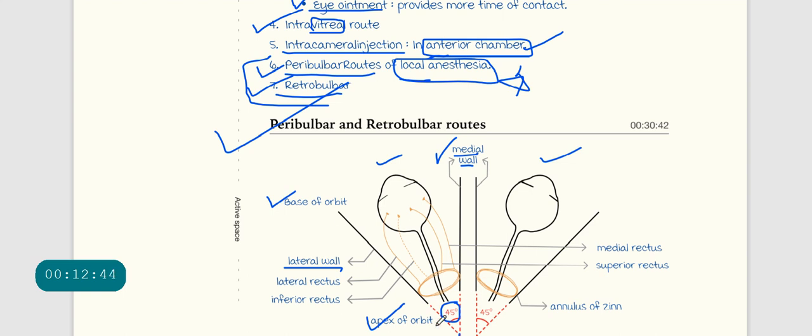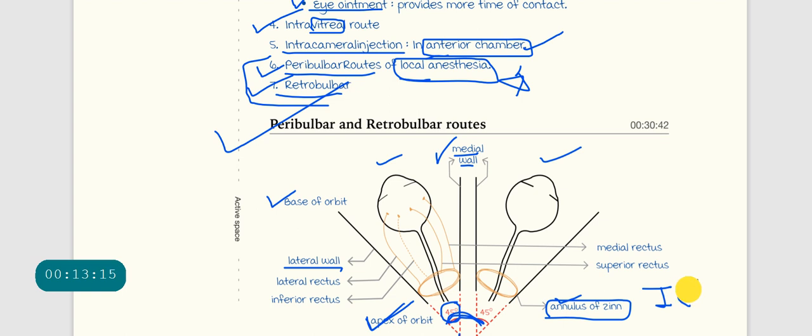Very simple. Now a very important structure, that is annulus of Zinn. It is a ring-like structure at the apex of the orbit, and the muscles originate from the annulus of Zinn except inferior oblique muscle.